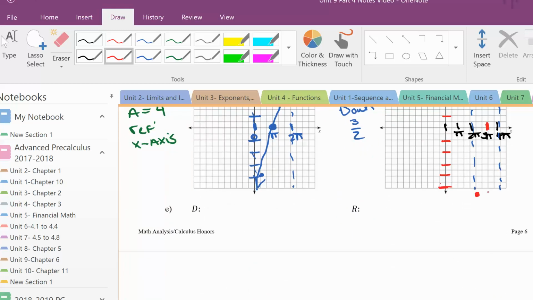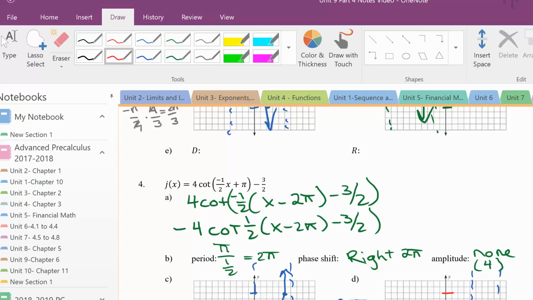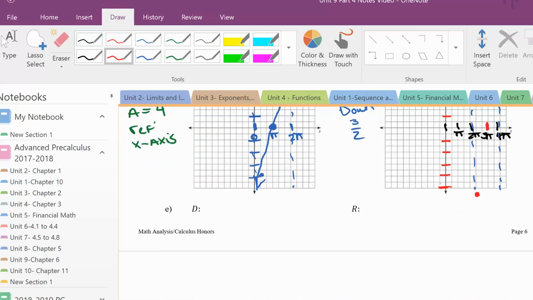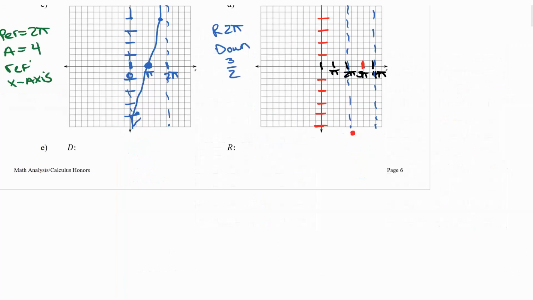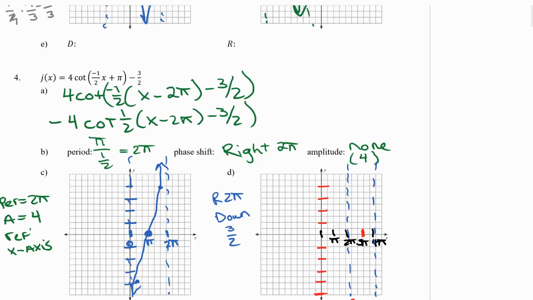So it's below there. Okay. And then here it's going to go down to there. So it was at 4.